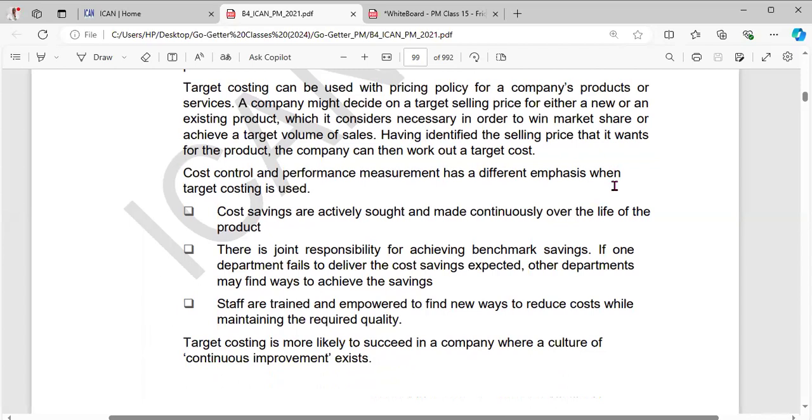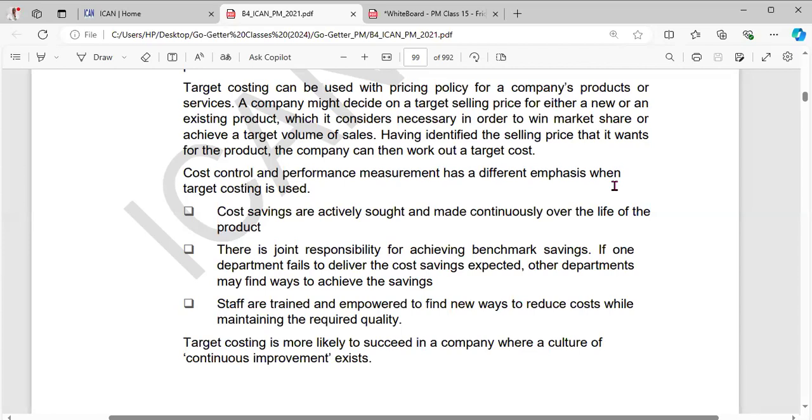So if one department fails to deliver their deliverables in terms of cost, other departments will now have to find a way to cushion the effect of the failure of that department so that they will all in unison achieve the cost benchmark for the company.